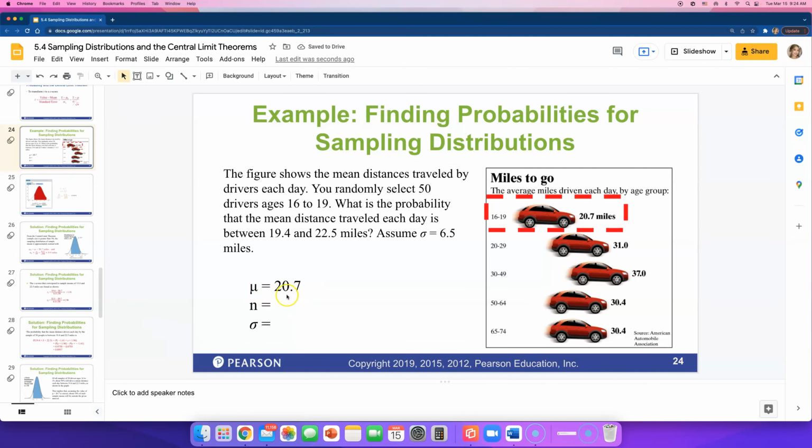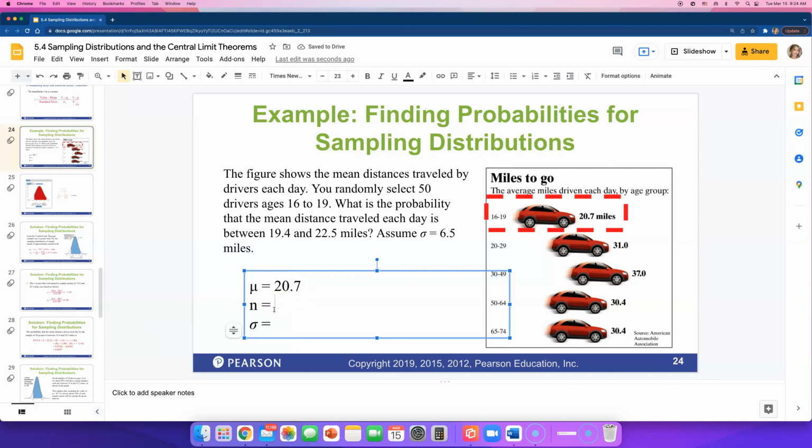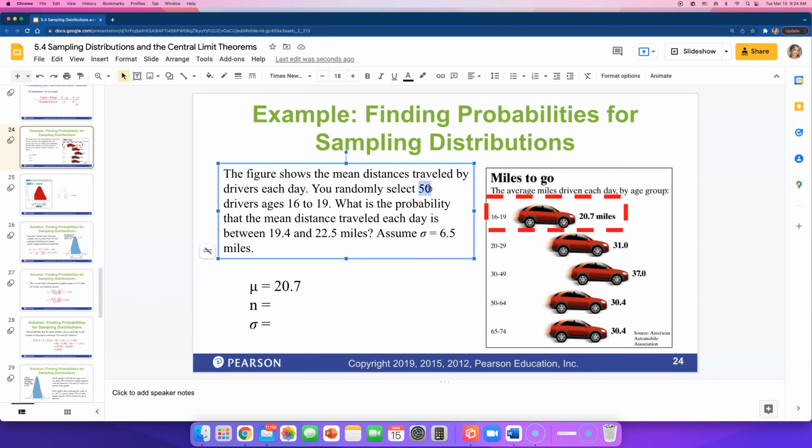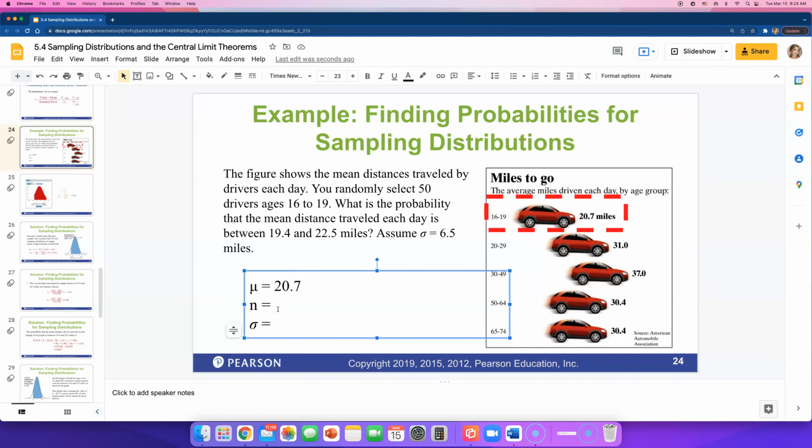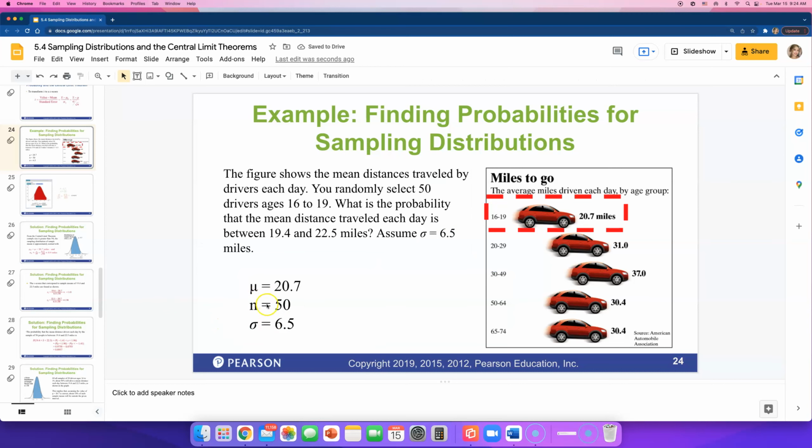So we can just use that. N is the sample size. We randomly selected 50 drivers, so N is 50. And the standard deviation of the population is 6.5. They gave us that number. And we're going to use these three to find the mean and the standard deviation of this particular sampling distribution.